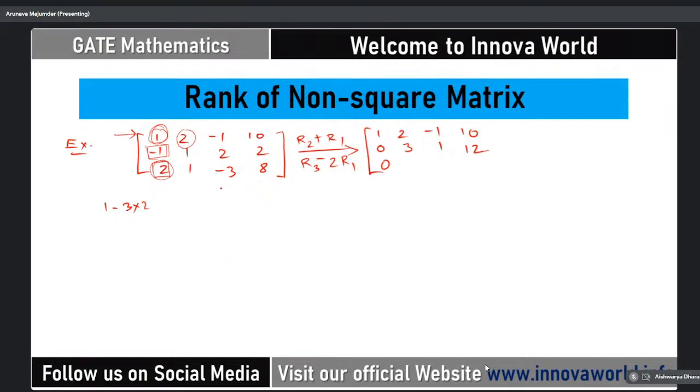So R3, sorry, I have done something wrong here. Yes, the second element is minus 3.